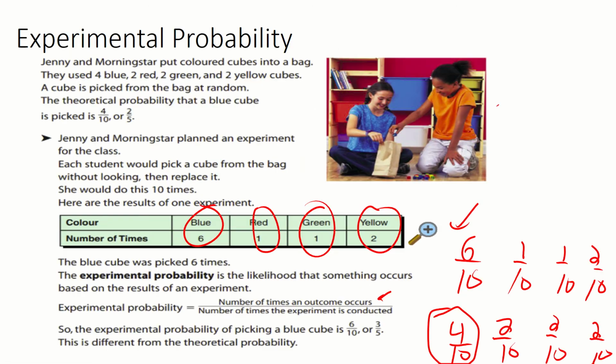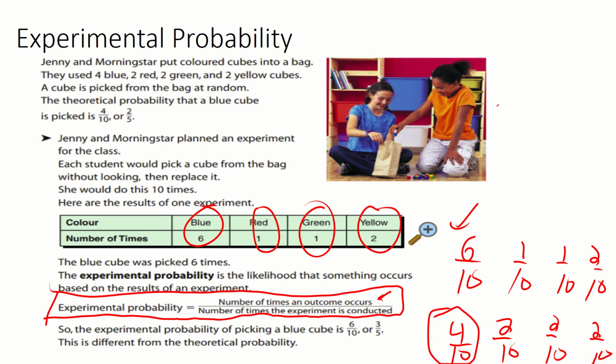So going back to this slide, this is what you need to know. Experimental probability is the number of times an outcome occurs over the number of times the experiment is conducted. So let's say we have a dice, and I rolled it 10 times. So 10 times is my bottom number with the experiment.